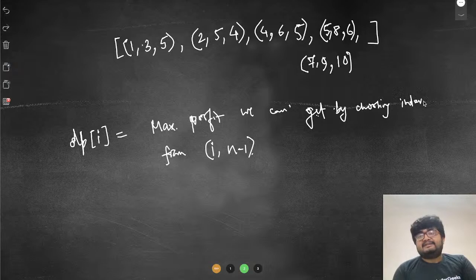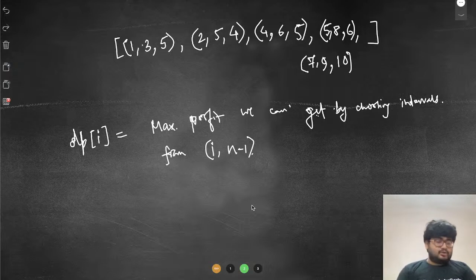So dp of I is the max profit I can get by choosing intervals from I to n minus 1.